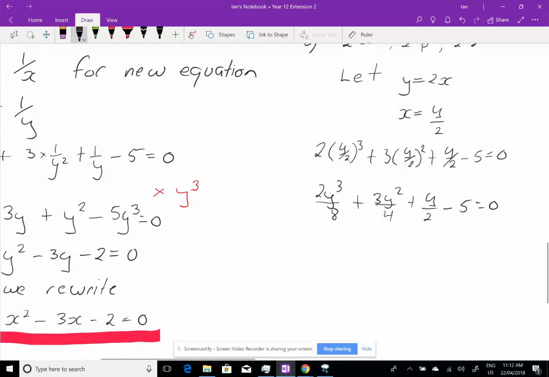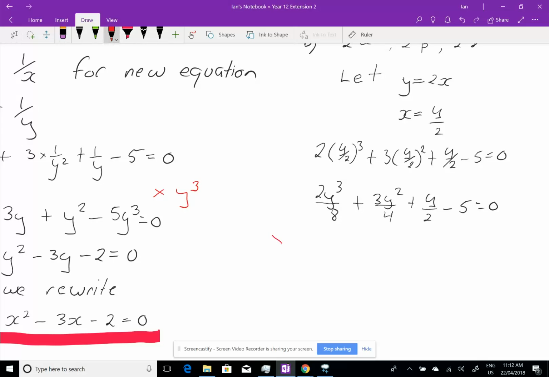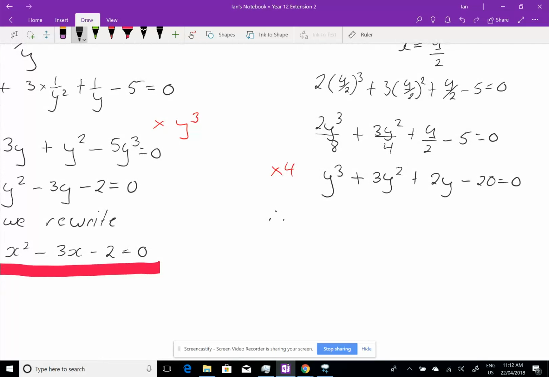If I multiply everything by 4, I will get y cubed plus 3y squared plus 2y minus 20 equals 0. And therefore, the equation, if I now put x's in, will be x cubed plus 3x squared plus 2x minus 20 equals 0.